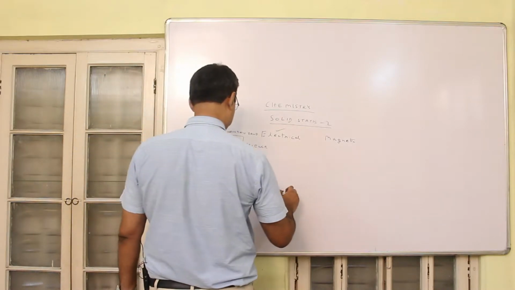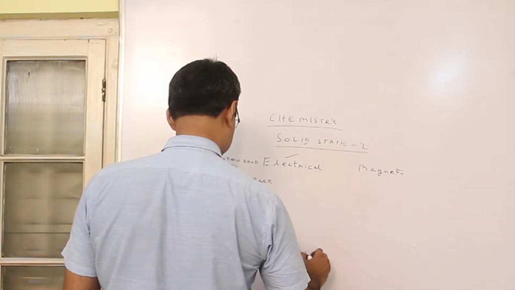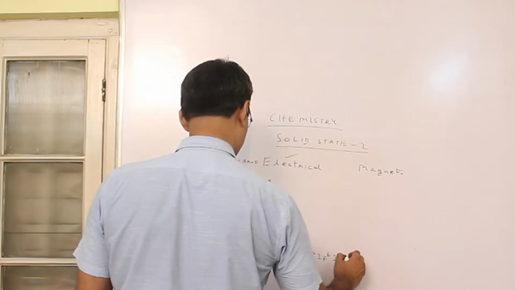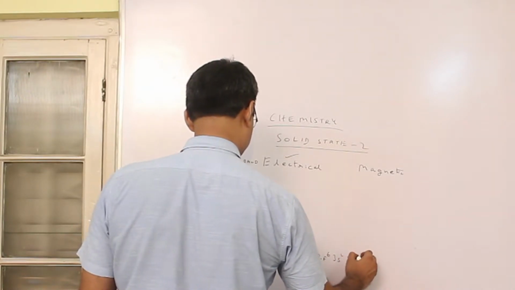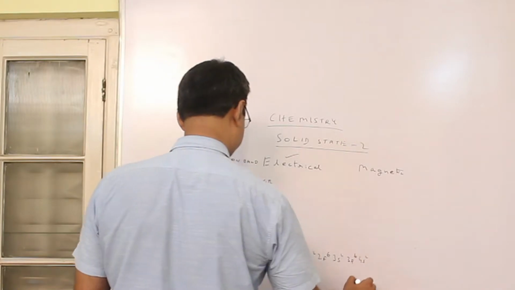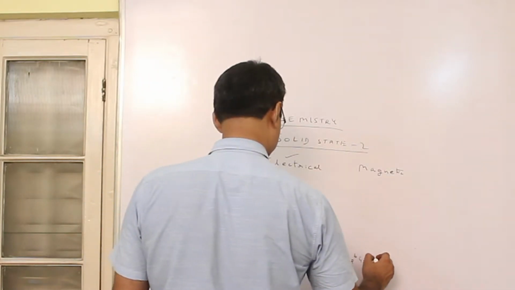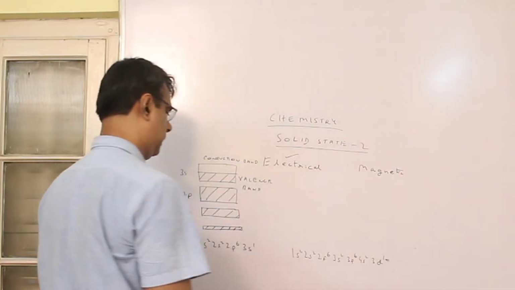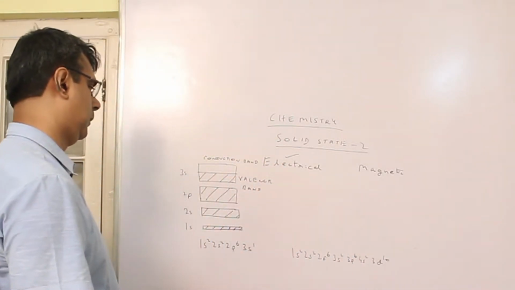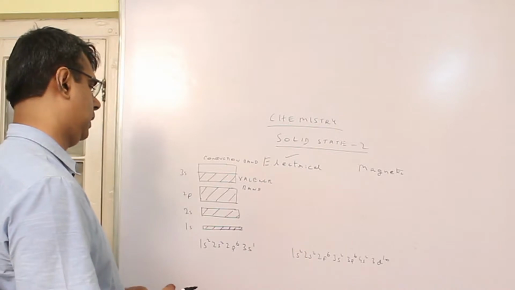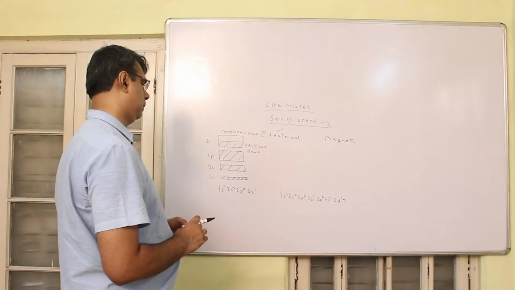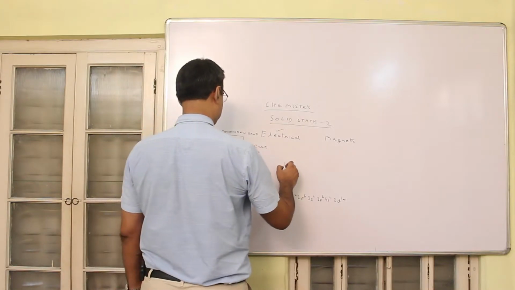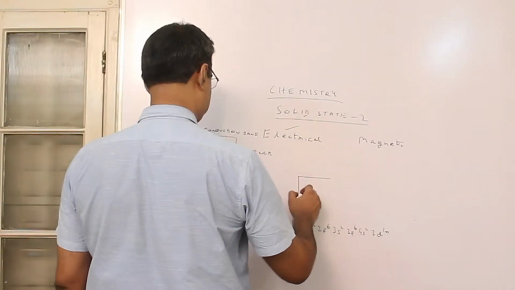Now let's have a look at the energy diagram for zinc. In case of zinc, the configuration is 1s2, 2s2, 2p6, 3s2, 3p6, 4s2, 3d10.